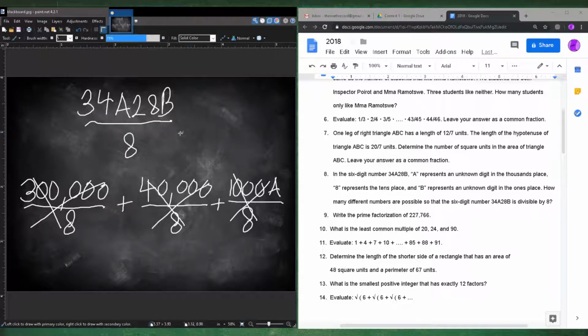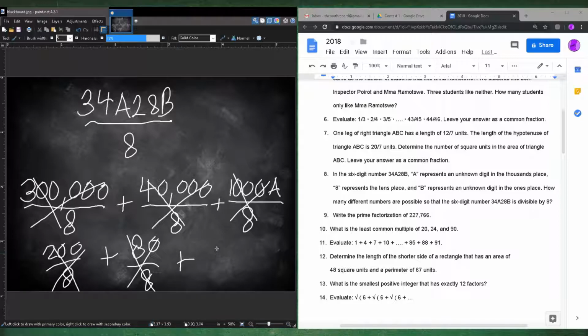Now let's do the 200. So it's 200 divided by 8, which is equal to 25, an integer, so we don't have to worry about this. Now we have 8, which is in the tens place, so it's 80 divided by 8, which is obviously an integer, 10.